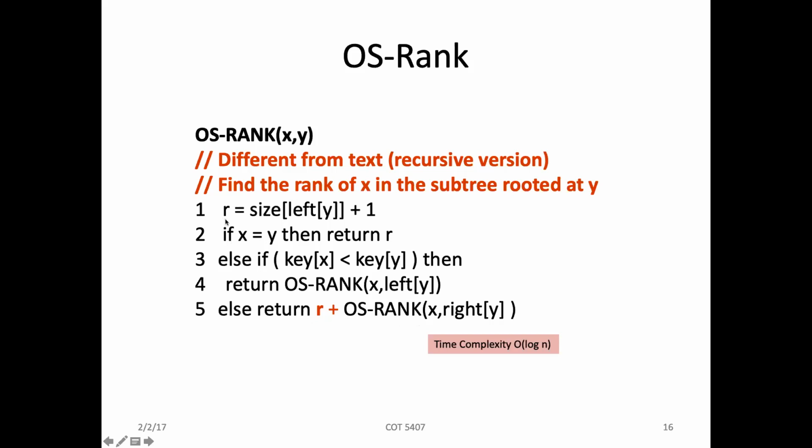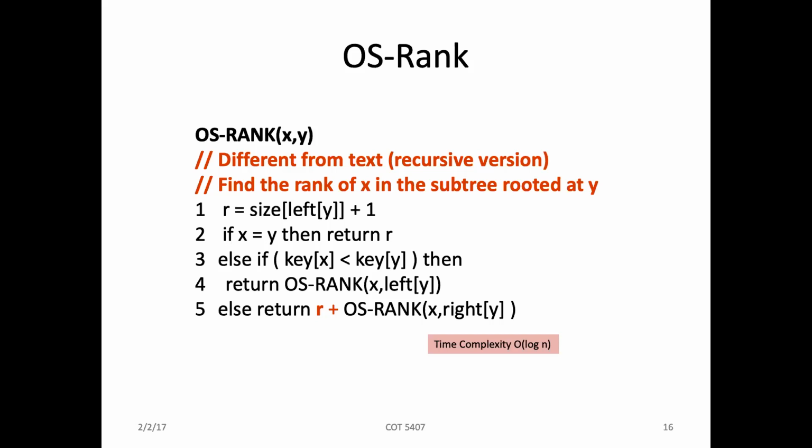So what we've done here is to write a recursive procedure for figuring out the rank of any node given the size of every node in the tree. Here we are assuming that every node has stored in it the size information. We haven't said how it's done, but for now, let's just assume it's there.